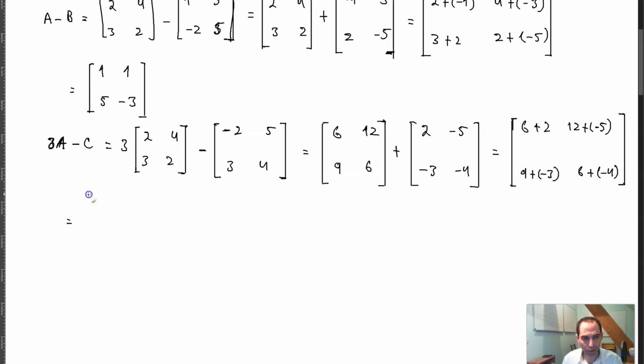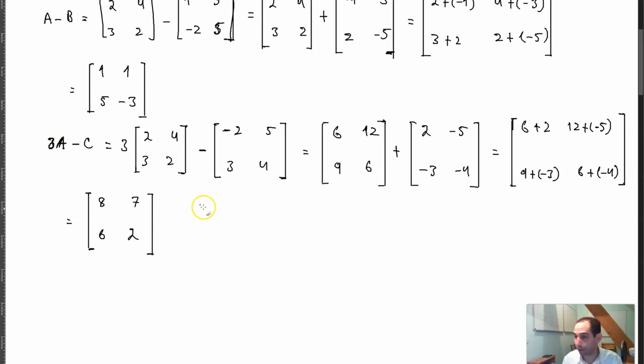And that is equal to 8, 7, 6, and 2. So that is basically 3A minus C.